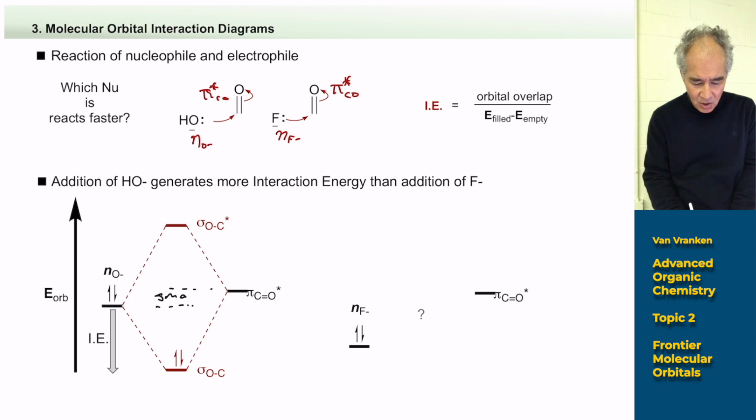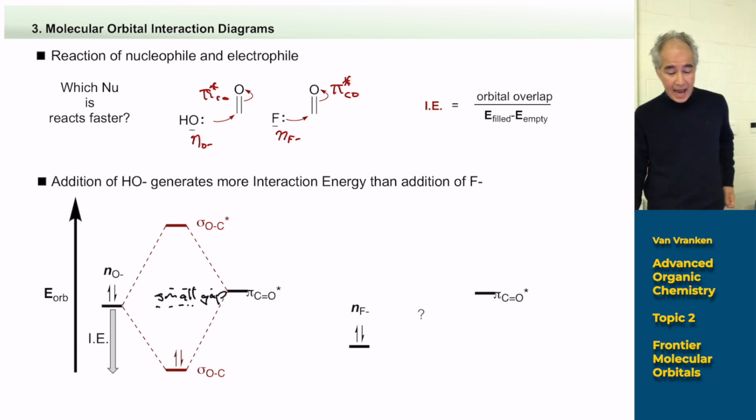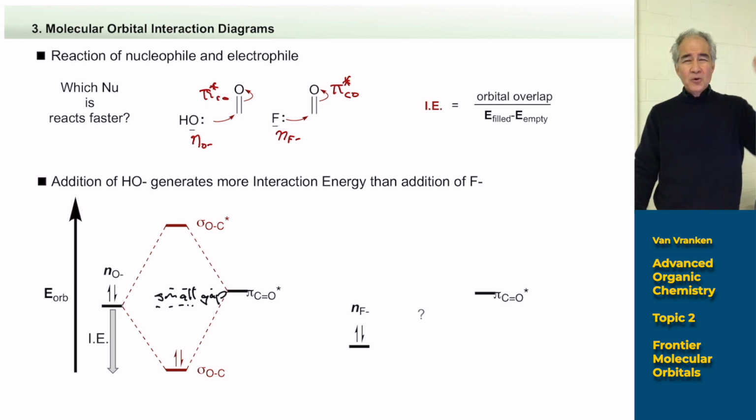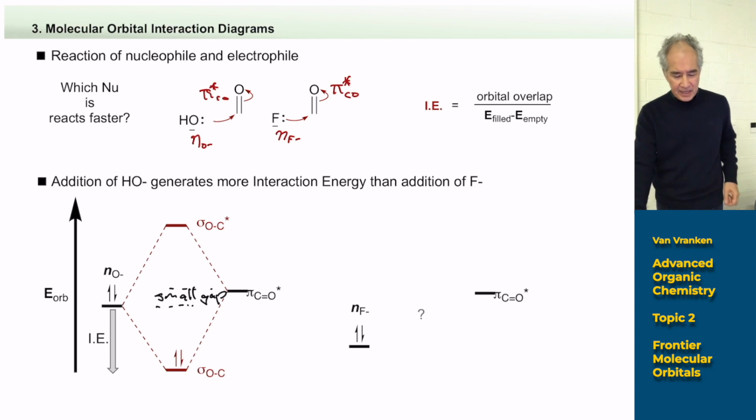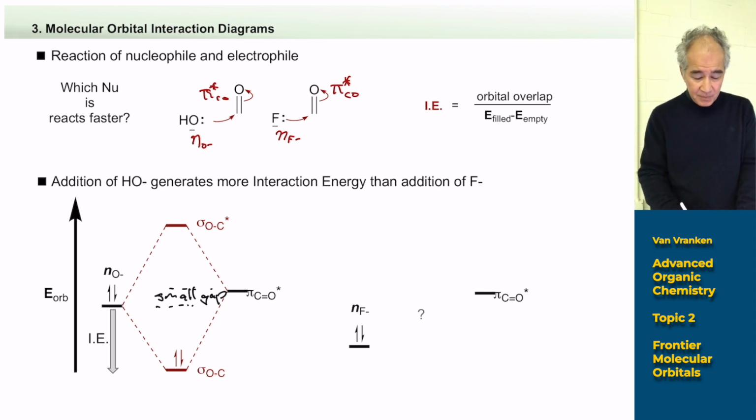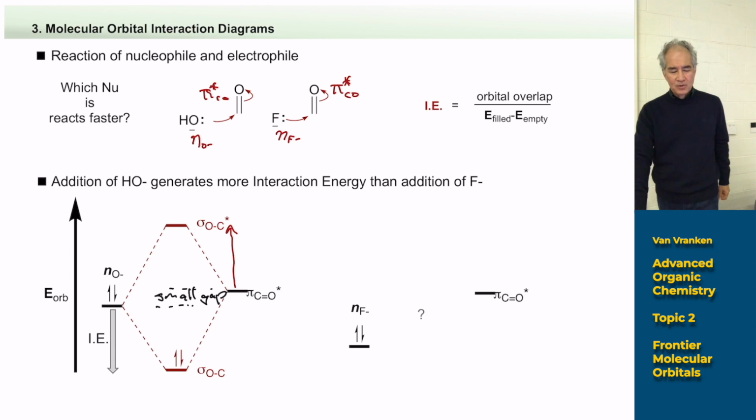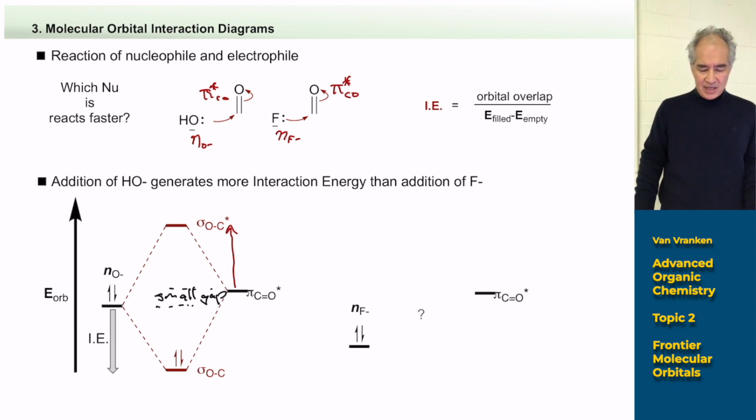This is a small gap between the filled orbital for the hydroxide anion and the empty orbital of the carbonyl. And because that gap is small, I'm going to get a big interaction energy out. Make sure that you raise the new sigma star orbital the same amount in energy as the interaction energy.